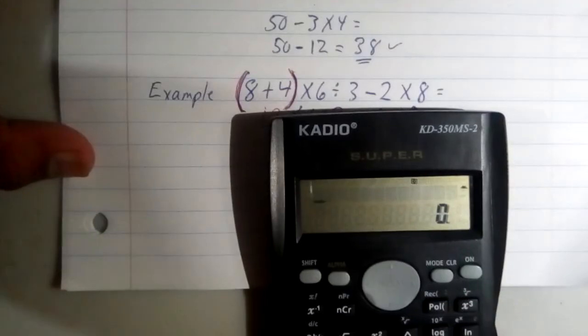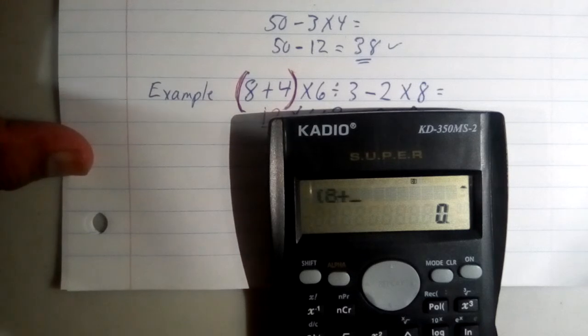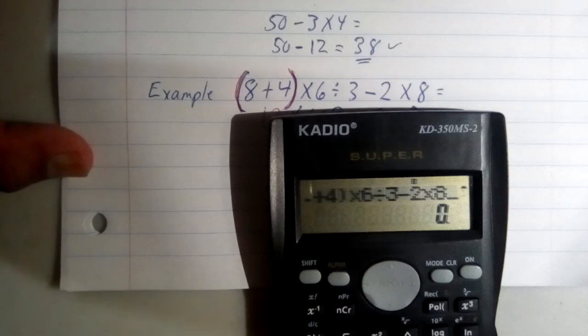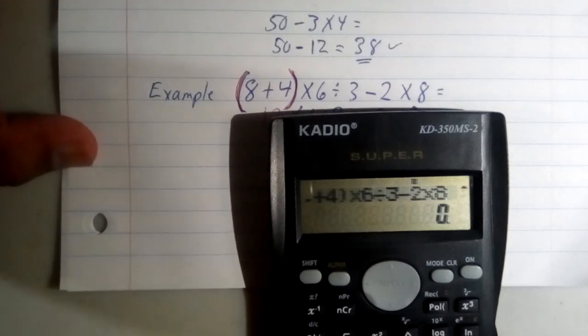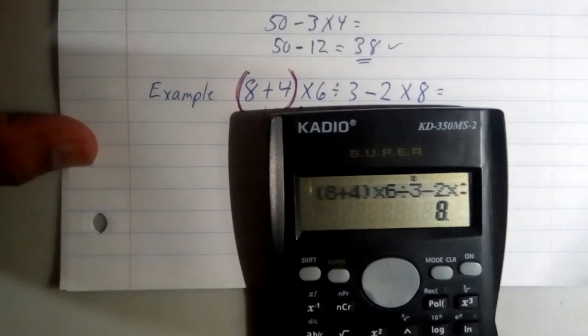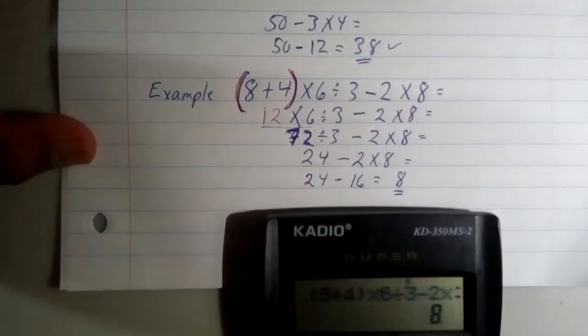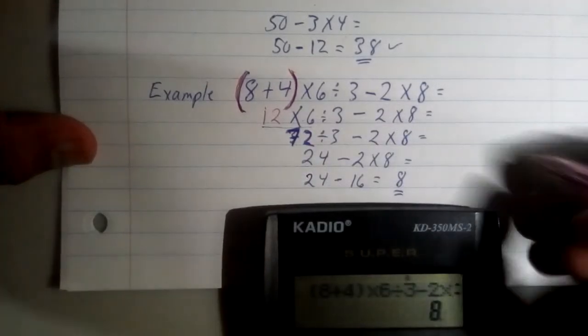We should get the same solution. So we have open bracket, 8 plus 4 close bracket times 6 divided by 3 minus 2 times 8. And the moment of truth, based on our information given, we have 8, and so our solution there is 8. Therefore this is correct.